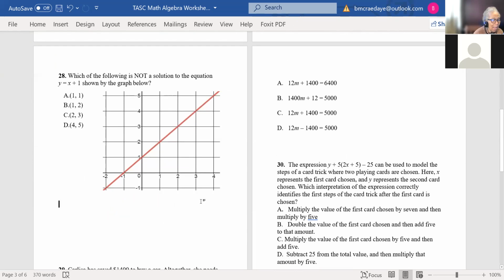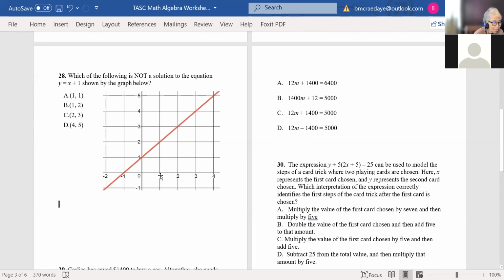Okay, Maureen, let's just look at this graph. This is the X and this is the Y, right? When X is 1, what is Y? Maureen, follow the red line.